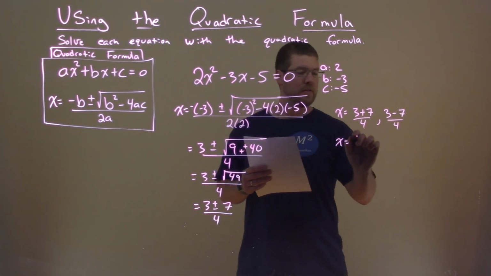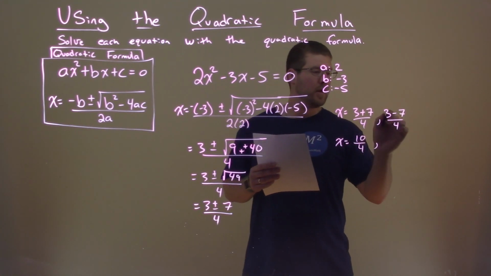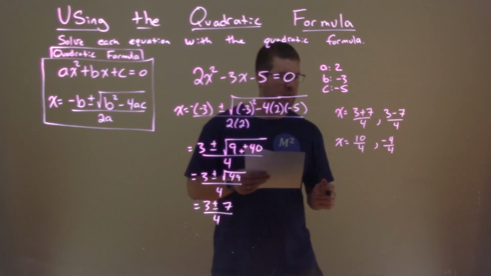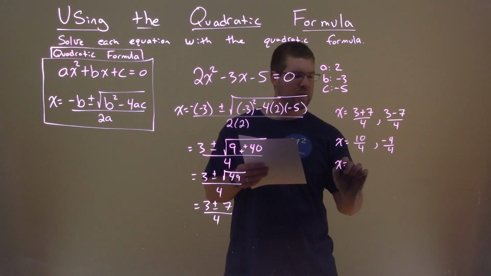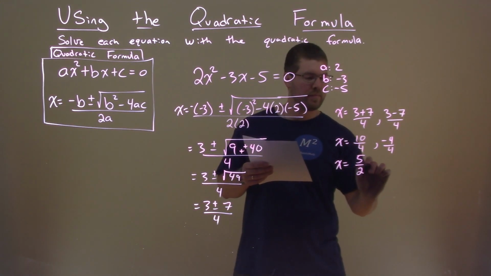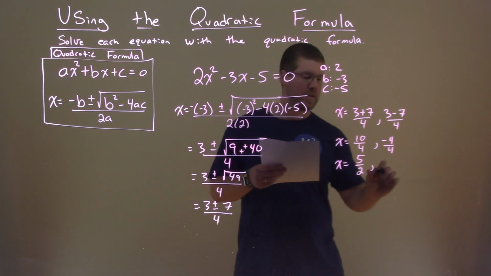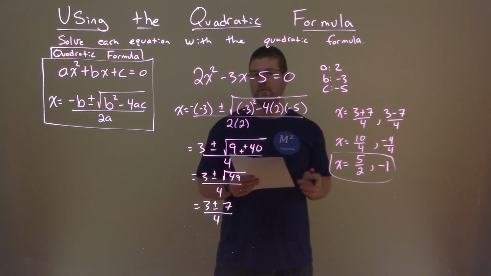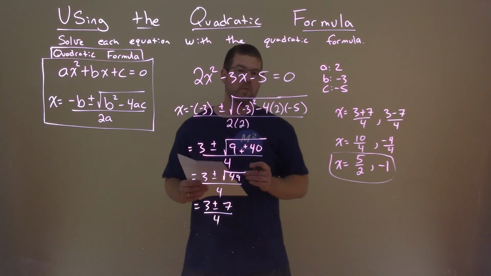Well, 3 plus 7 is 10, and 3 minus 7 is, well, negative 4. Let's simplify that. X equals 10 divided by 4 is a fraction 5 halves, and negative 4 divided by 4 is a negative 1. And so our final answer here is just x equals 5 halves and negative 1.